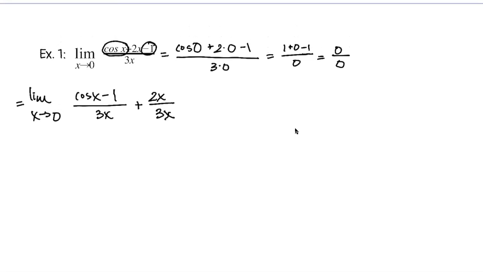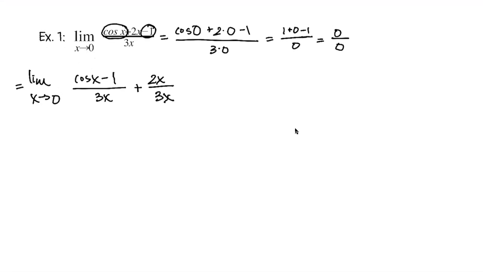So all I've done is split the fraction. Now, what that gives me is the limit as x approaches 0. With this last term, I can already see that this x and this x reduce, so at the end I'm going to have a 2/3. But let's see what happens to this cosine x minus 1 over 3x.